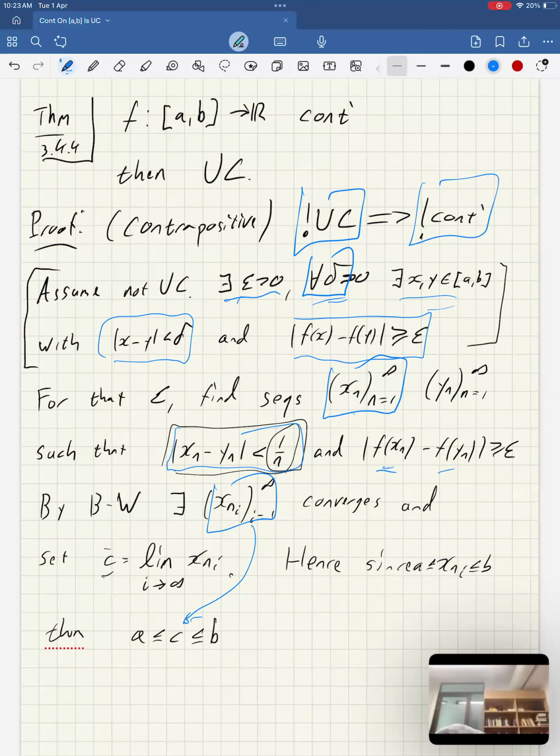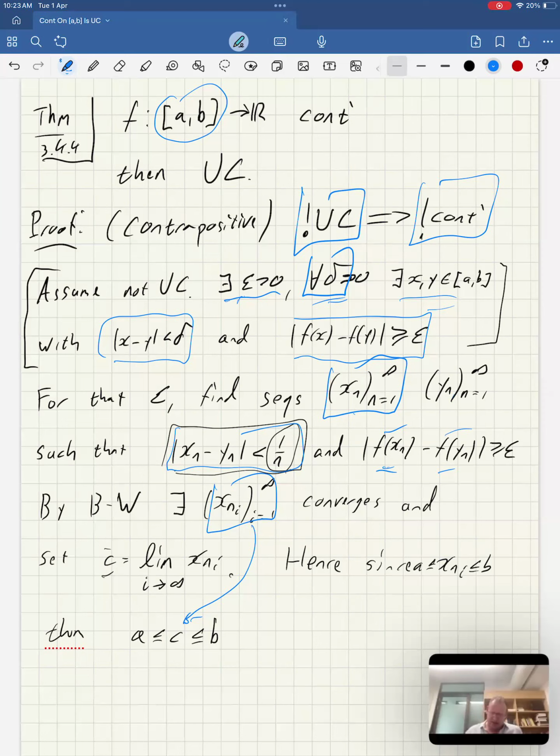So even though the points in the input to the function, x and y, are getting close, the points in the image of the function are still separated by epsilon. But now, since this is a bounded interval, by Bolzano-Weierstrass there exists an x_n_i subsequence that converges, and we can set the limit of x_n_i to be c.